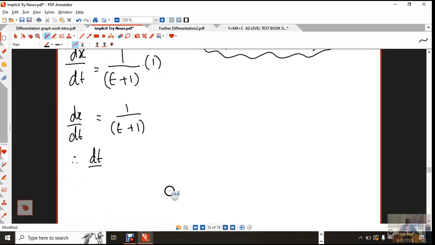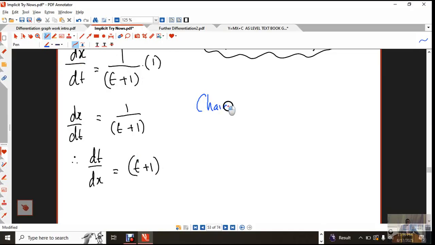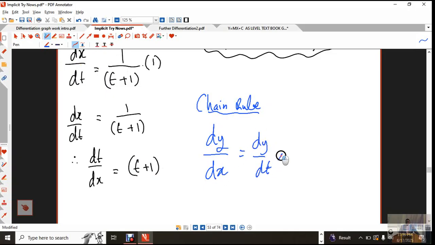Now it's very important you understand what I mean by that. dt/dx will be t plus 1, because from the chain rule, dy/dx is equal to dy/dt, which I must calculate, over dx/dt. So this dt/dx is this one over here.